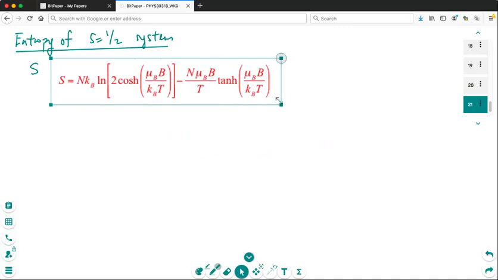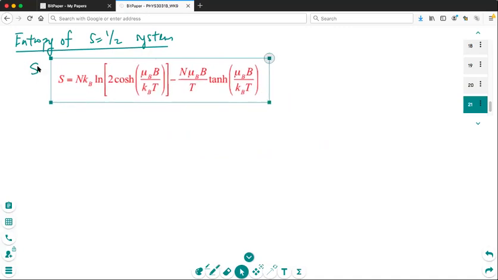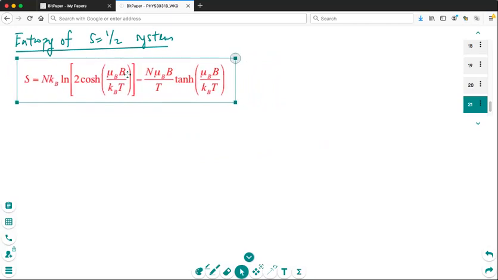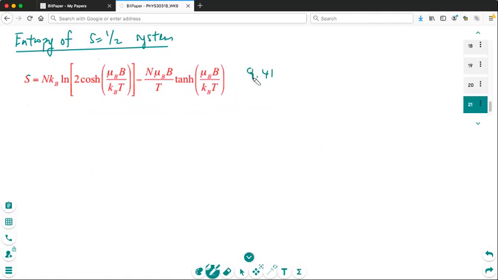But this is not fun, actually, because we don't really learn much by just looking at this formula. So, 9.41. What can we do?